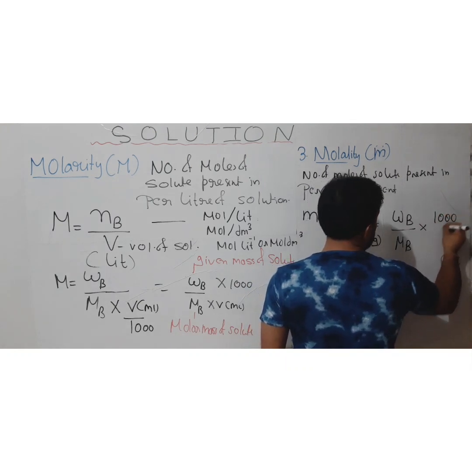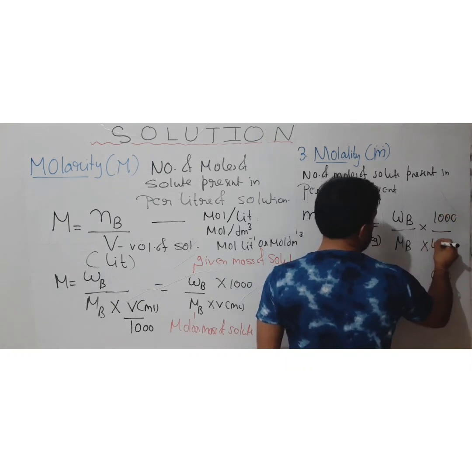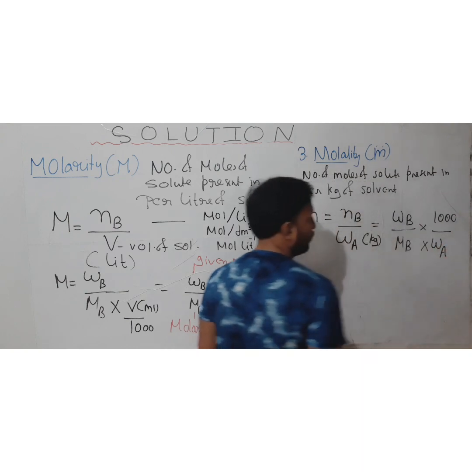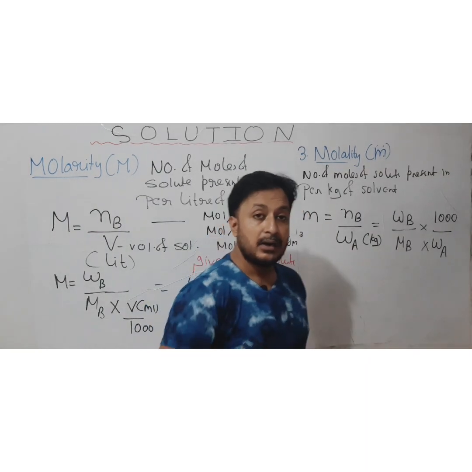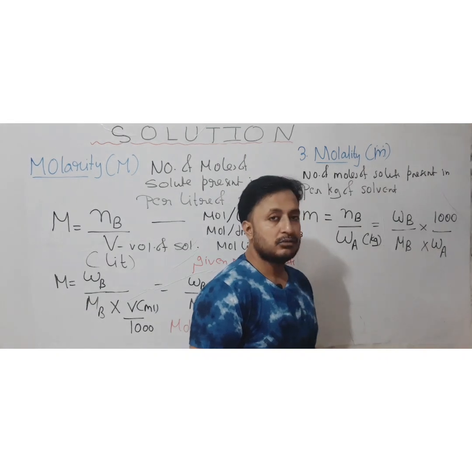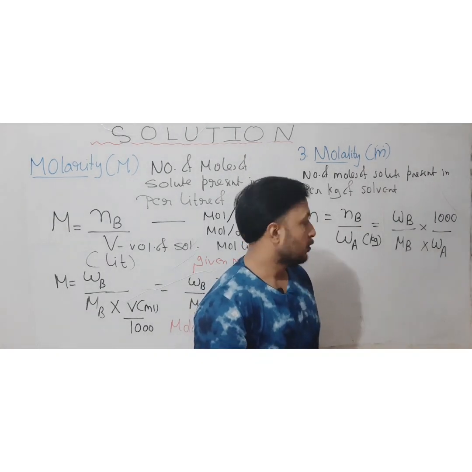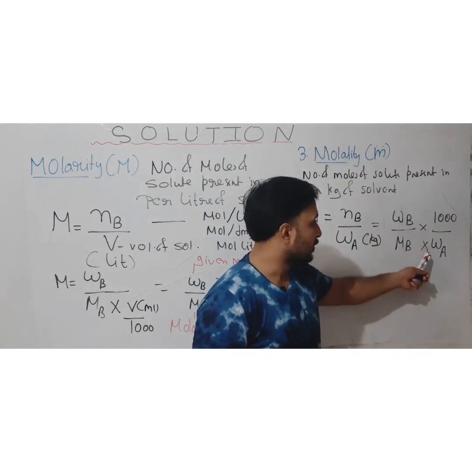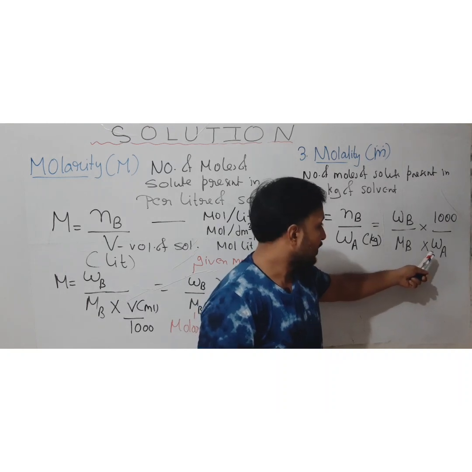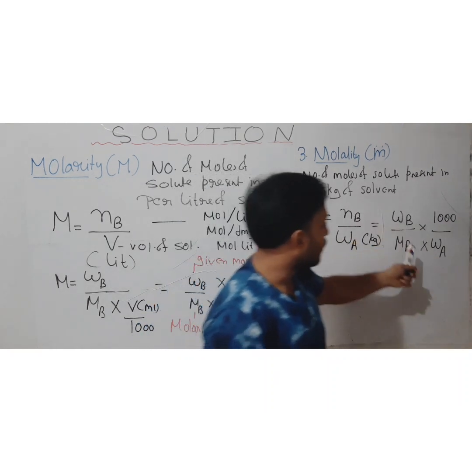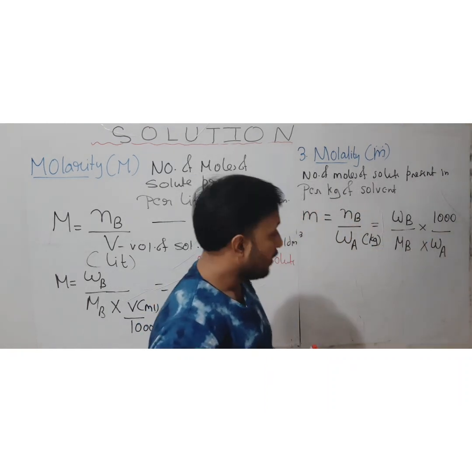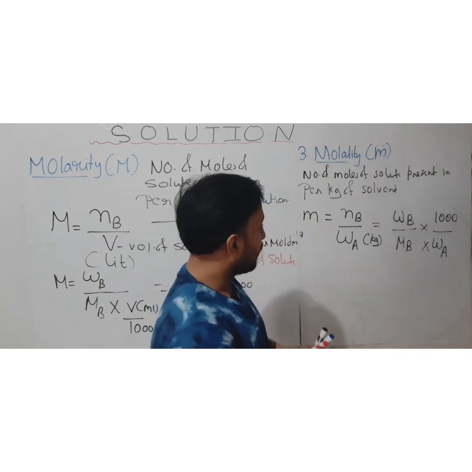Now why I am writing 1000 here? Because usually when you are getting the solvent mass also, that is Wa, that mostly it should be given in gram. So when it is given in gram, you have to convert it into kg. So for that you need to divide it with 1000. So finally the formula will become like this.